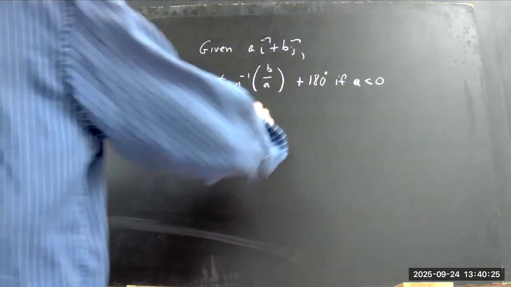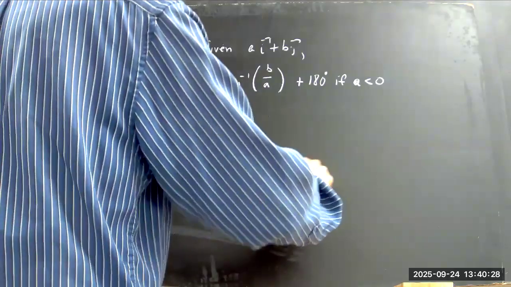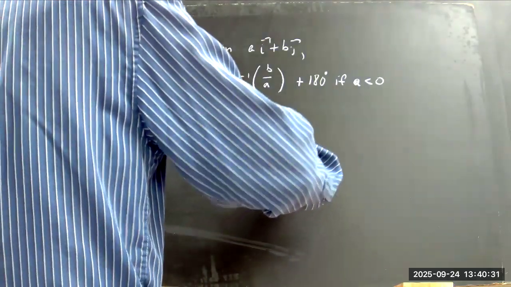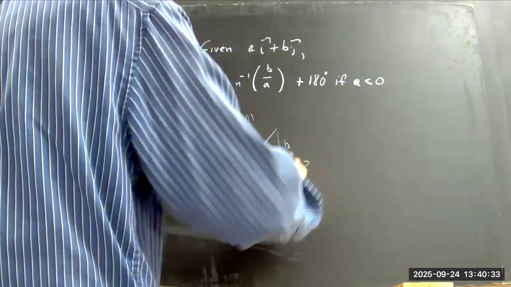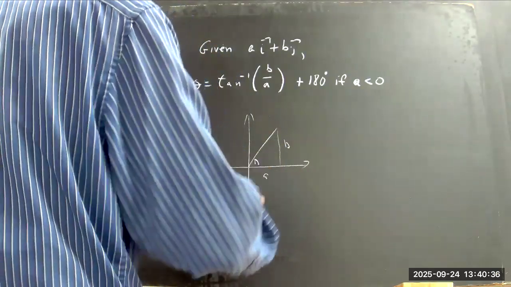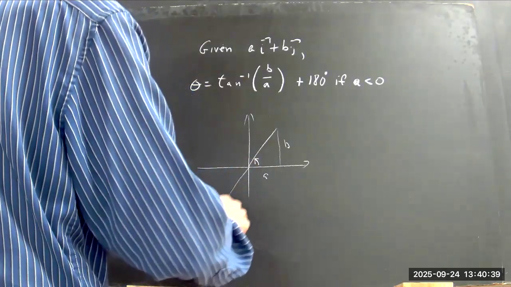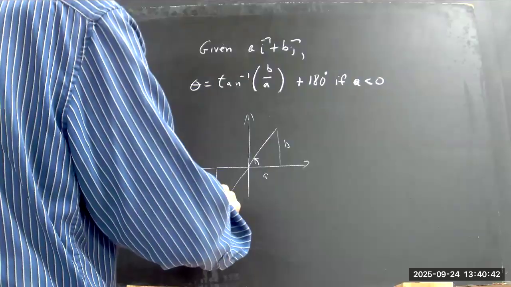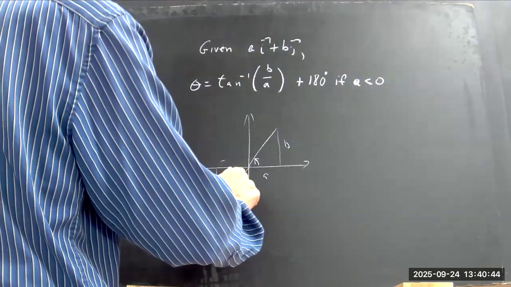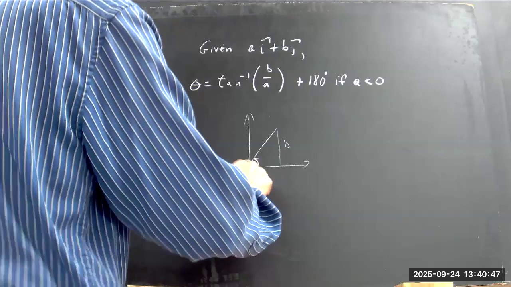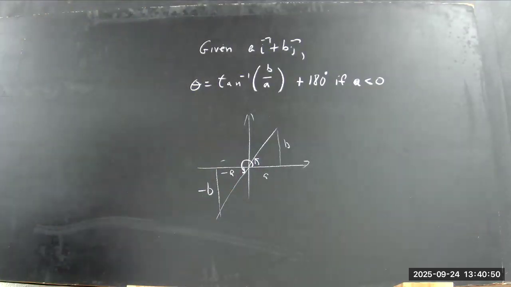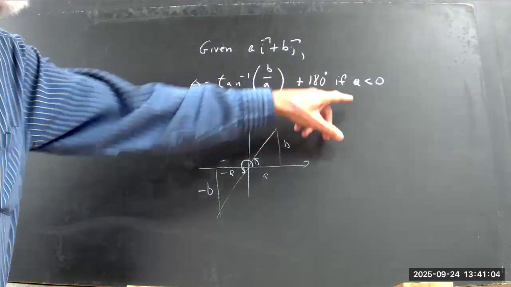If A is less than zero, the arctangent of B over A could indicate this angle, but it could also indicate this angle, right? And the conditions of the problem will tell you one of those solutions is usually absurd. It just isn't going to be in the third quadrant, or it just isn't going to be in the first quadrant, right? The arctangent's not going to tell you, but if you use this, it does.